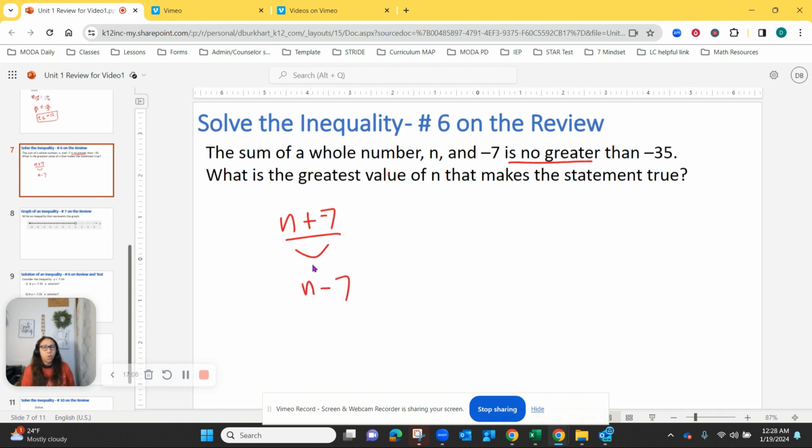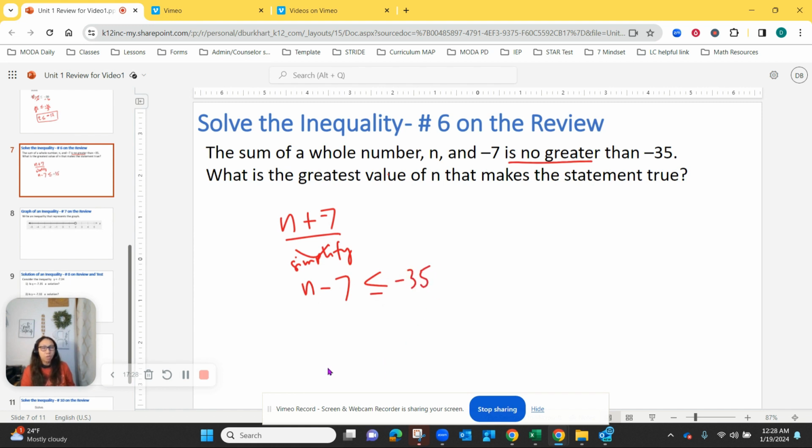So this is how you simplify it down to n minus 7. When you say no greater than, that means it should not be greater than negative 35. So when you're adding those two numbers, it is smaller than or equal to negative 35.